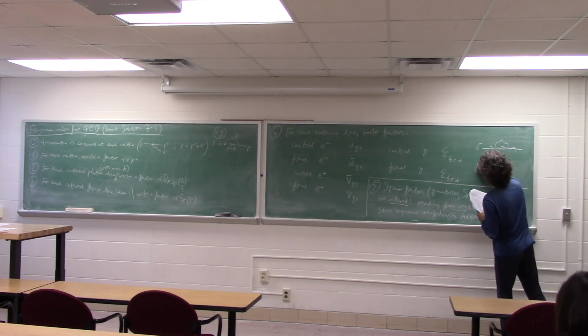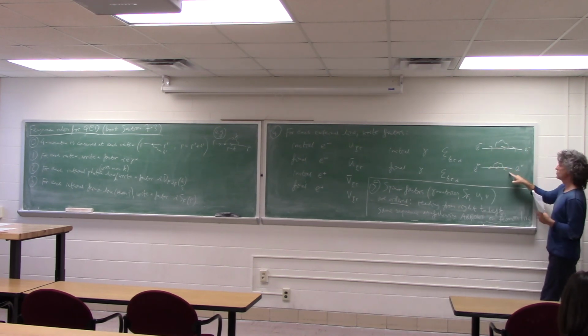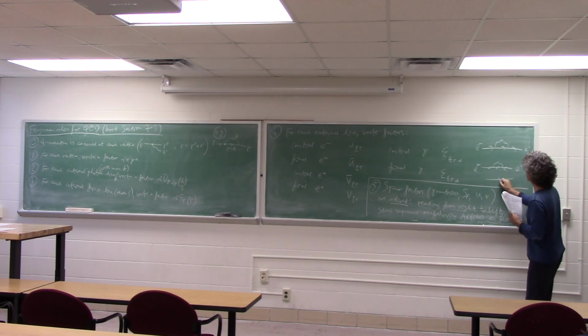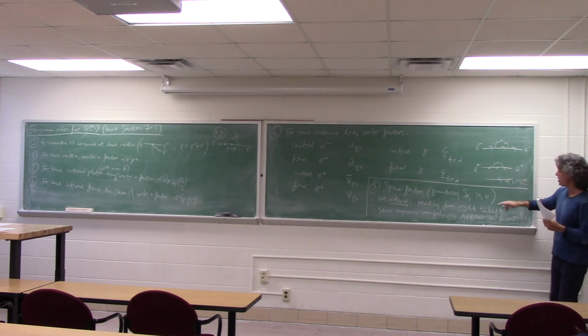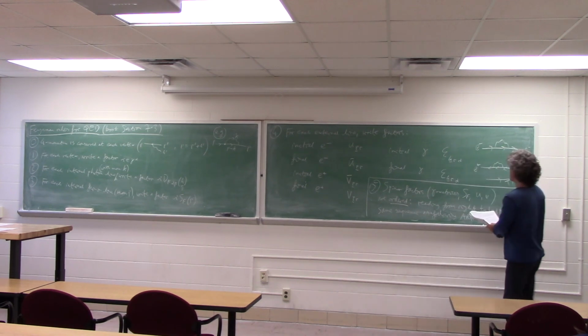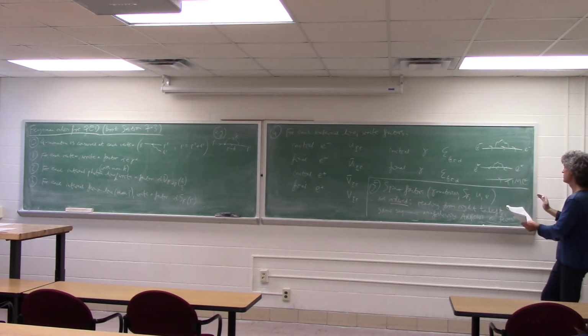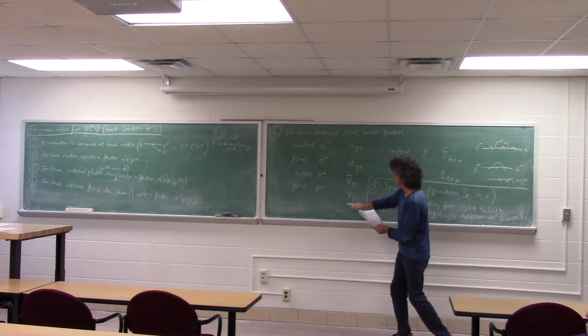If this was a positron line, so I have a positron coming in, emitting and reabsorbing a photon, time goes this way. Time always goes from left to right. But when I write down the spinor factors, I start from the right and read from right to left, but as I write them down, I follow the direction of the arrow. So for a final positron we write down v.